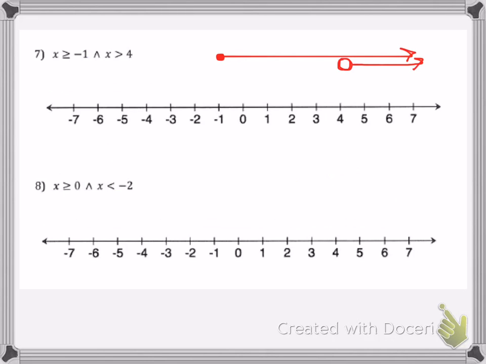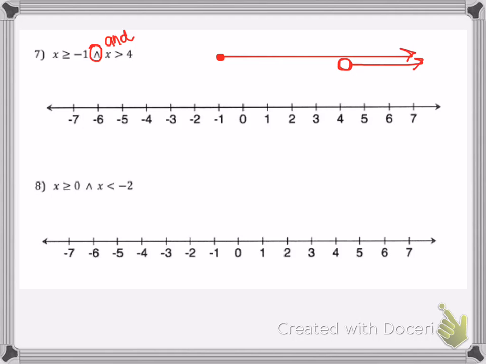When you go to graph example 7, the top inequality, or the leftmost inequality, first of all, let's backtrack a little. This is the symbol for and, so we're looking for a conjunction here. The leftmost inequality, we're going to have a closed circle at -1, shading to the right. And for the second inequality, we're going to have an open circle at 4, shading to the right.